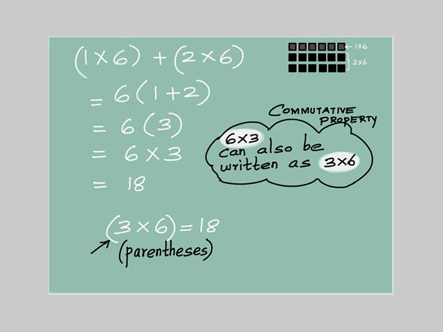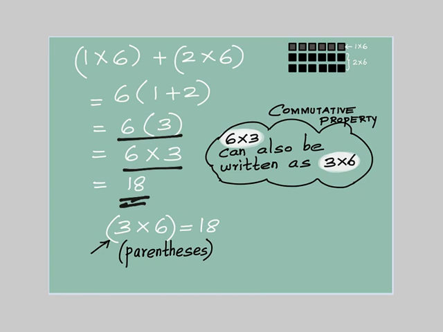Okay, so we know that 1 plus 2 is 3. So 6 parenthesis 3. The meaning of parenthesis here is multiplication or times. So 6 parenthesis 3 makes 6 times 3, and the value of 6 times 3 is 18.